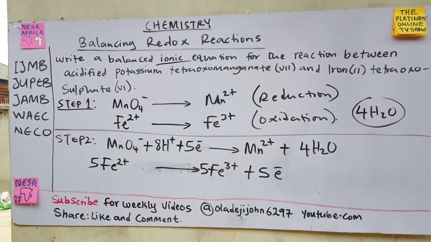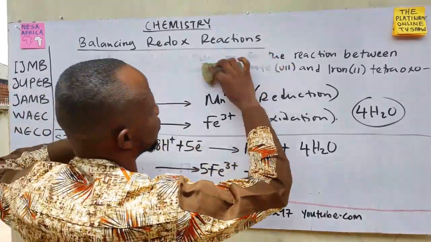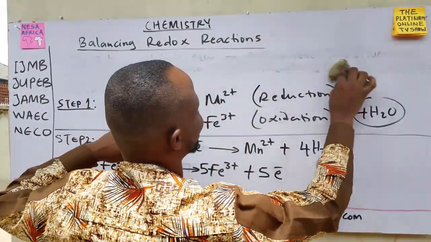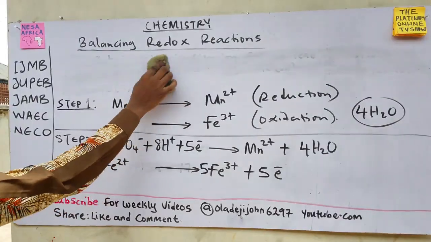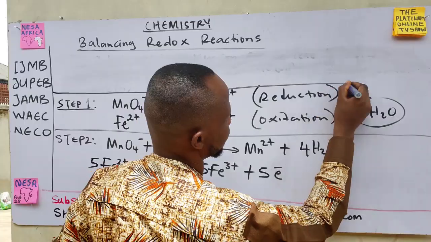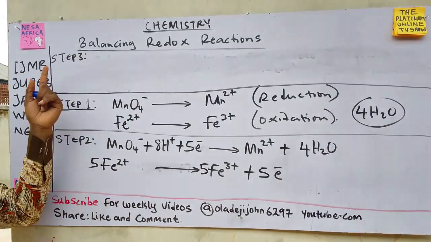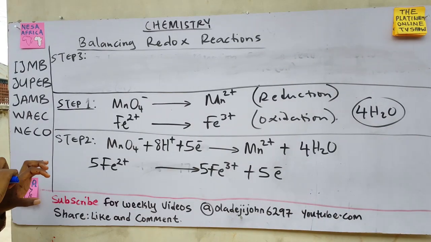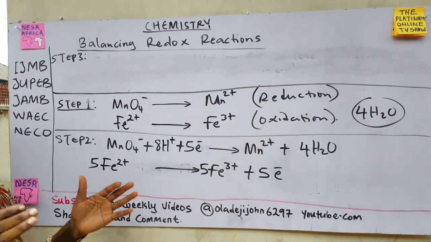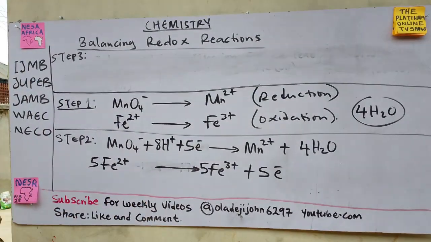Quickly, I move to step 3. This is where we write the overall equation of the two halves, balancing the elements, the charges, and all other things needed to be balanced.